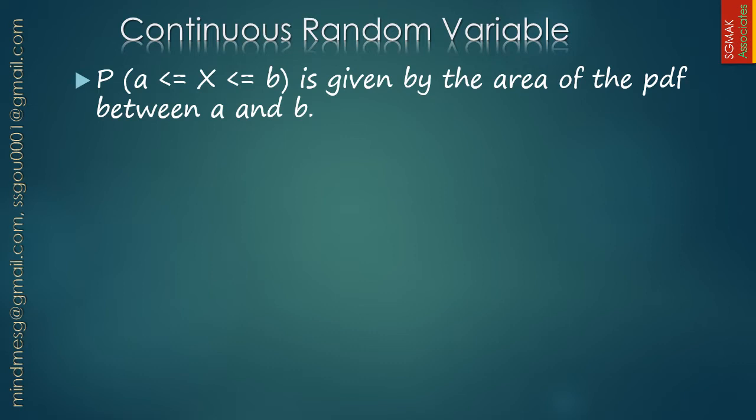For a given random variable that follows a known distribution, what is the probability the random variable takes values between a and b? What I have shown here is that both bounds are included.